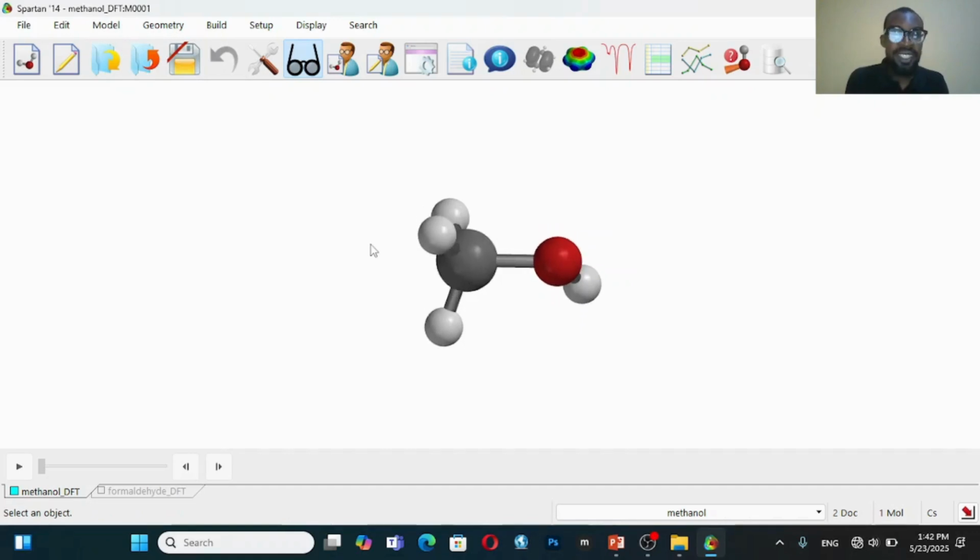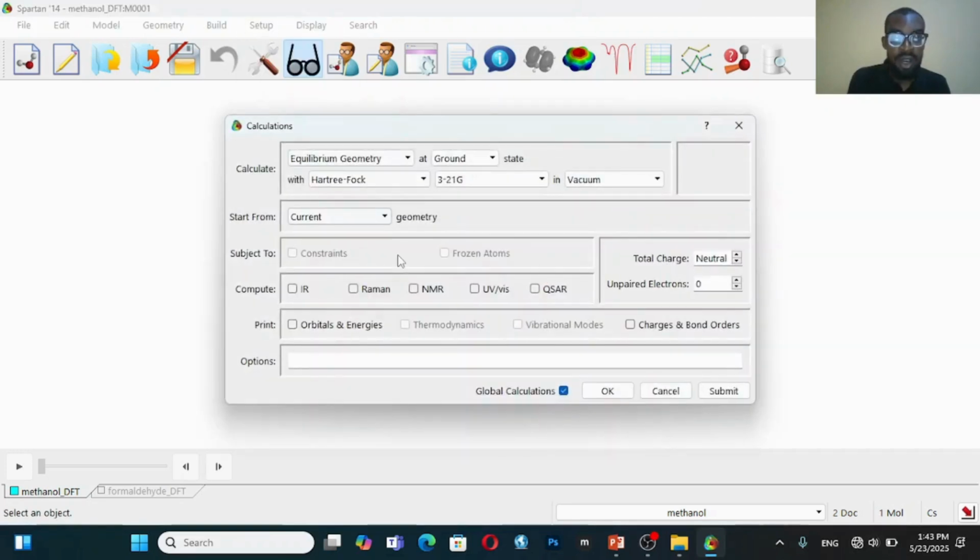So the first thing, like I showed you in the last video, is that when you want to carry out any computational work, it's important that your structure is representative of the structure that has the lowest energy. Often you would always have to do that, except you're working with other kinds of calculations. So the first thing we do is to optimize this structure. Simply go to setup, calculations, equilibrium conformer.